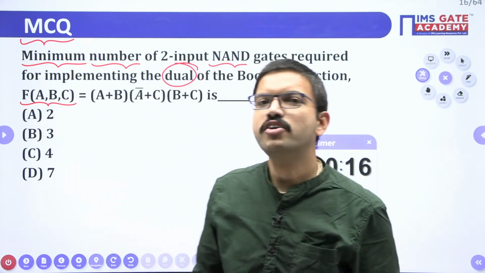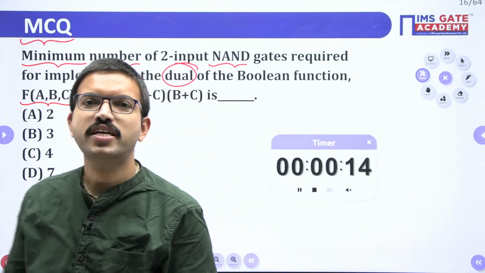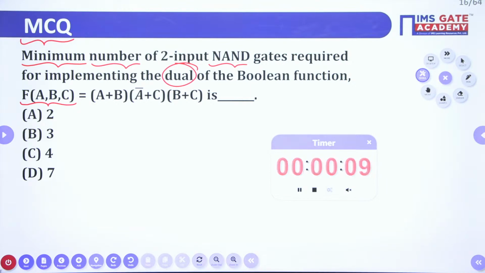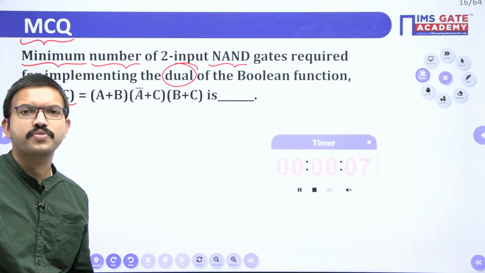In which method have you done it, Savik and Saptak? For simplifying the given function, which method did you follow after applying dual?